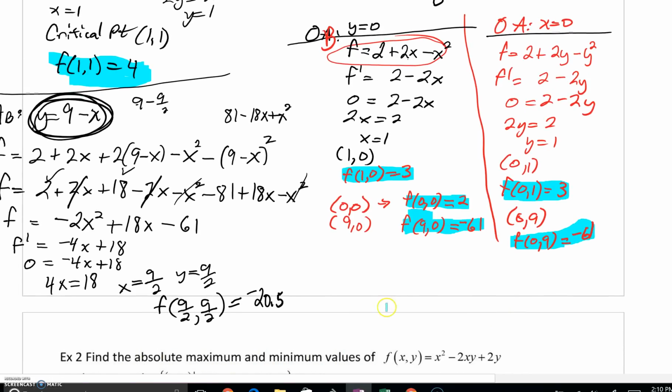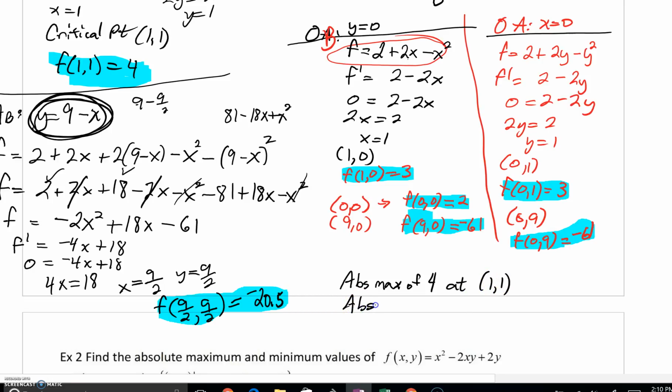You can see that we've got a number of them. And what we very quickly see is that the largest value ever present, the biggest, is a 4. So we can say we've got an absolute max of 4 at the point 1, 1.